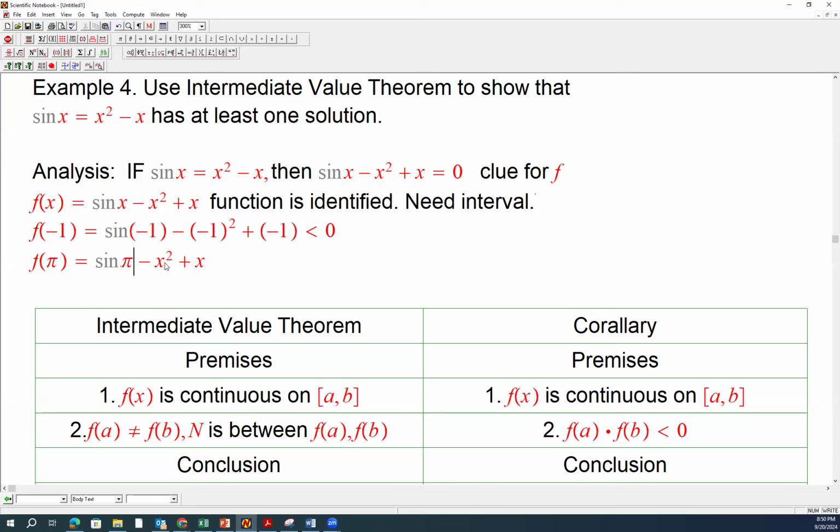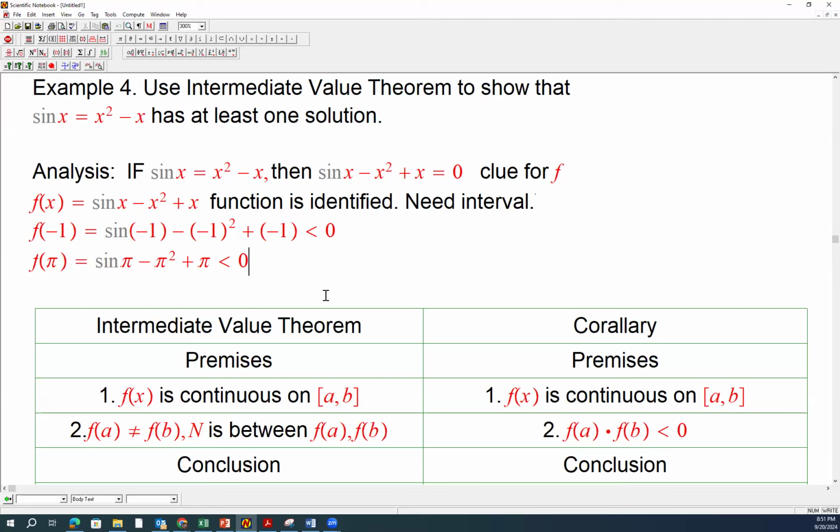So pi. I feel that's not going to work because sine pi is 0, and pi squared is larger than pi. So this is going to be negative. Oops, it's not going to work.